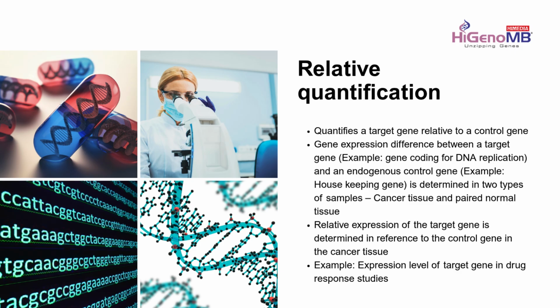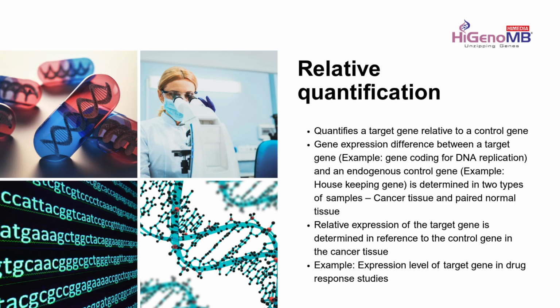So how will I select the control gene? The control gene should be a housekeeping gene which will not vary its expression in different conditions, meaning in cancer tissue and also in the normal tissue, the expression of this gene is maintained at the same level. As an example, this can be your cell cycle machinery, or it can be your cytoskeleton proteins like beta actin, which will not change in cancer tissue or the normal tissue.